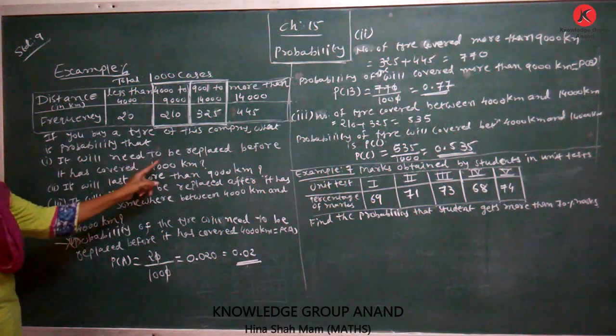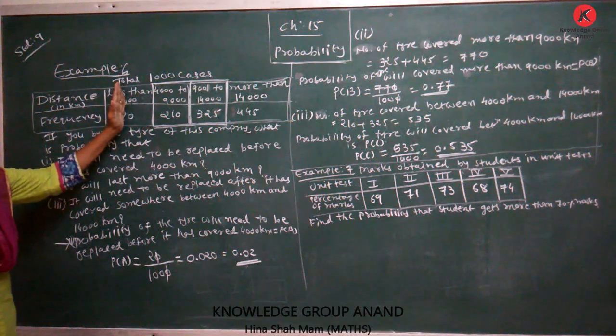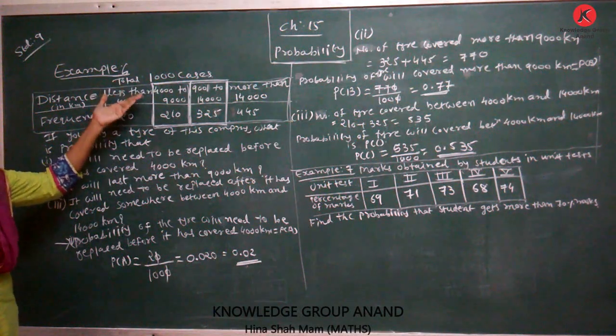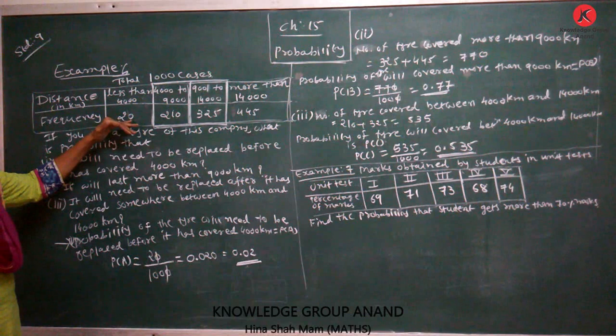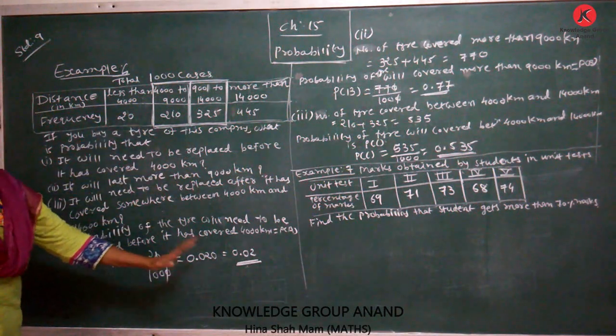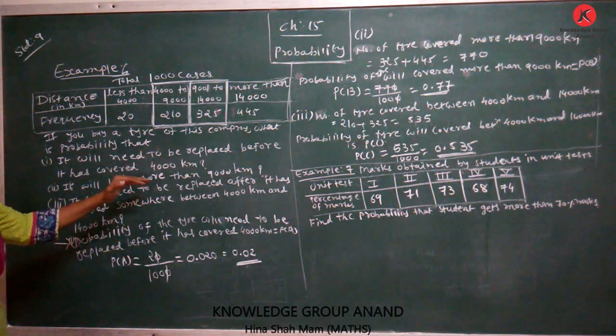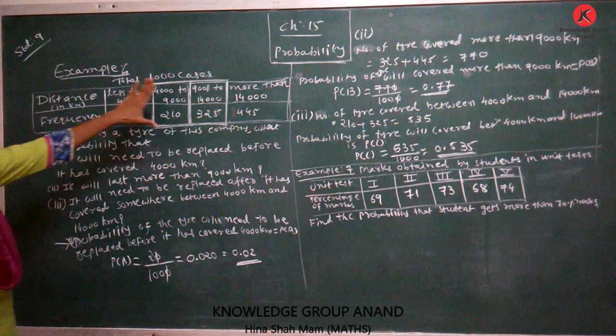Number 1, it will need to be replaced before it has covered 4,000 km. Before that means less than 4,000. 20 upon 1000 is equal to 0.02. Question number 2, it will last more than 9,000 km.